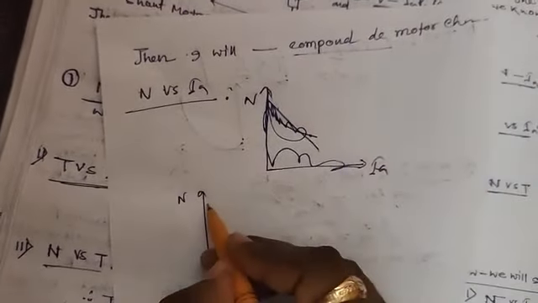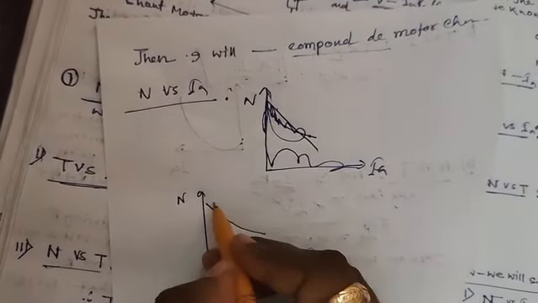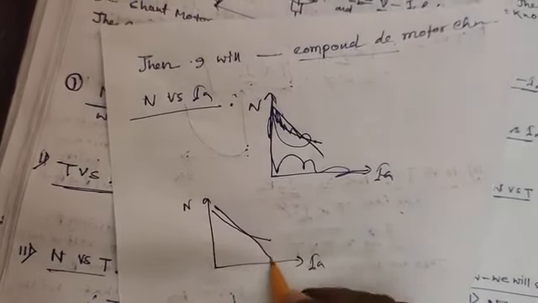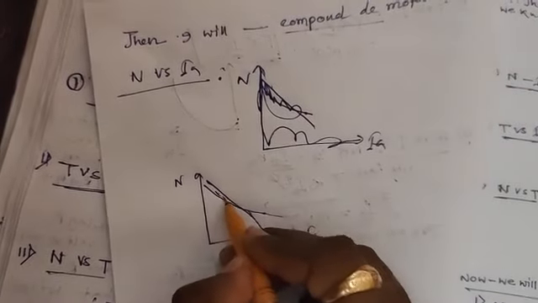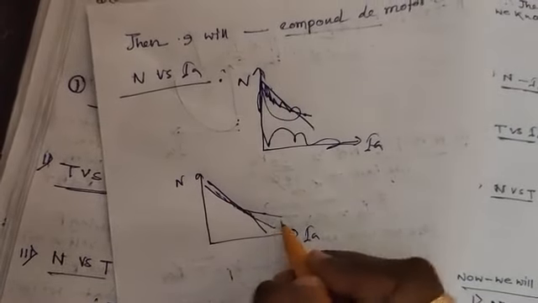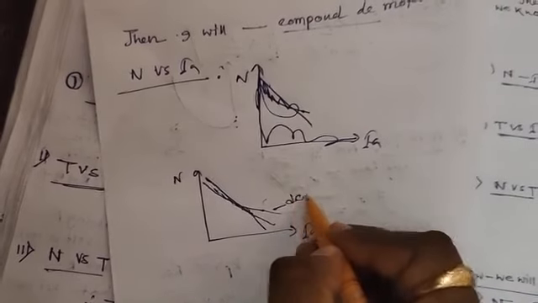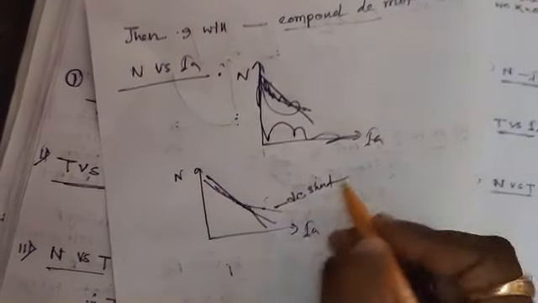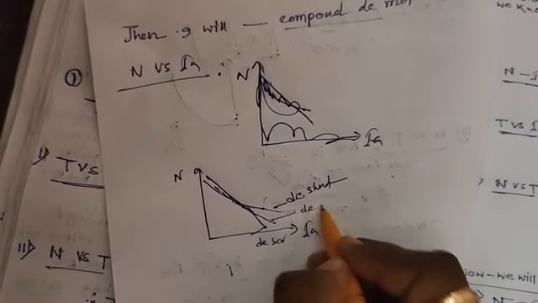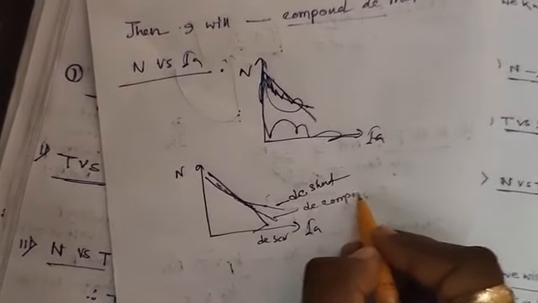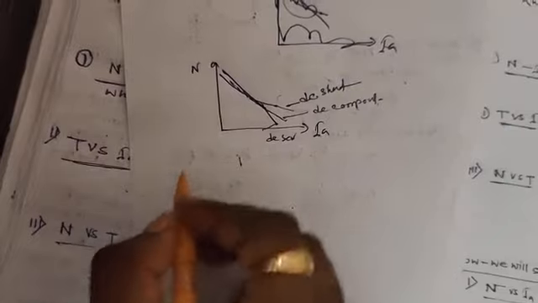This is shunt, this is series, this is the compound motor, speed versus armature current characteristics.